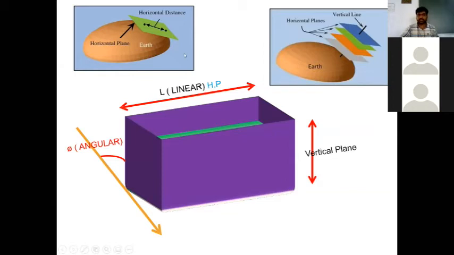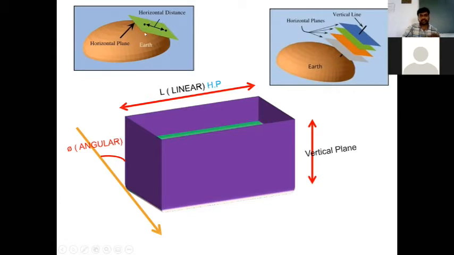Starting basic, coming with the surface of the earth. Whatever on the ground surface, the distance you're going to measure along the surface of the ground, that will be considered as horizontal plane, and the distance you're going to take will become the horizontal distance. Horizontal distance.